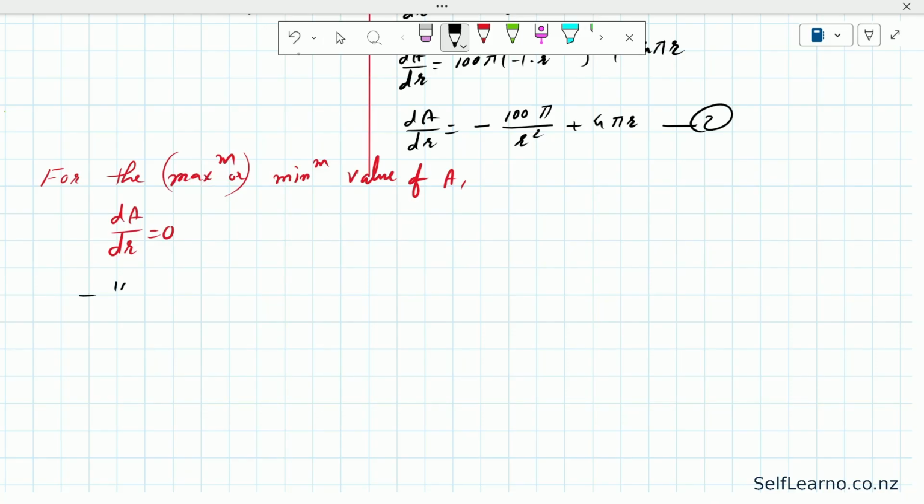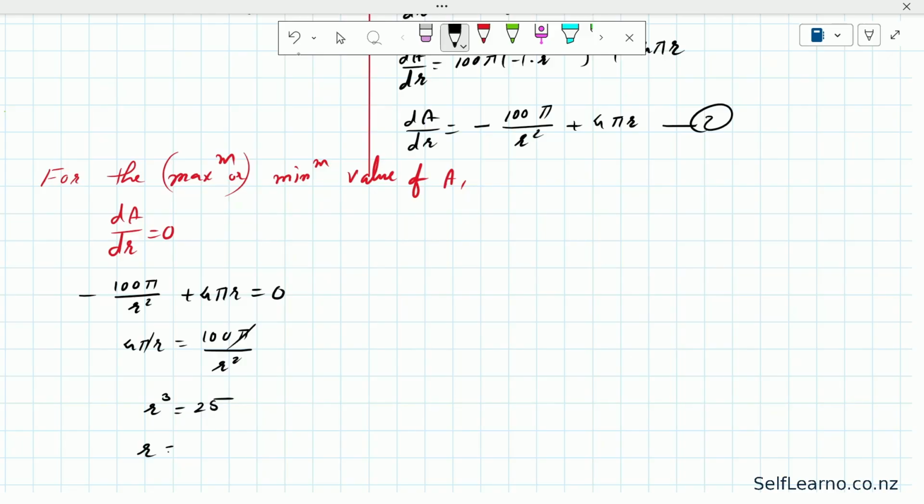So negative 100 pi by r square plus 4 pi r is equal to 0. So 4 pi r is equal to 100 pi by r square. Pi cancelled. So I get r cube is equal to 25.